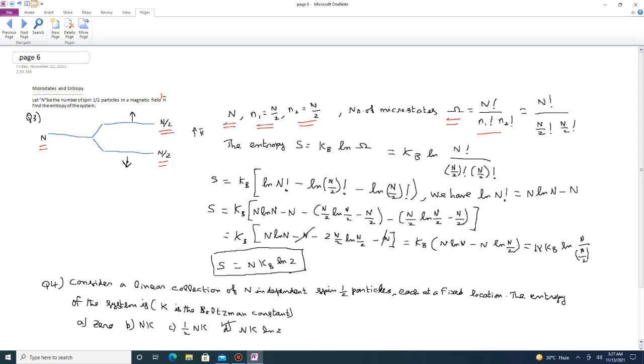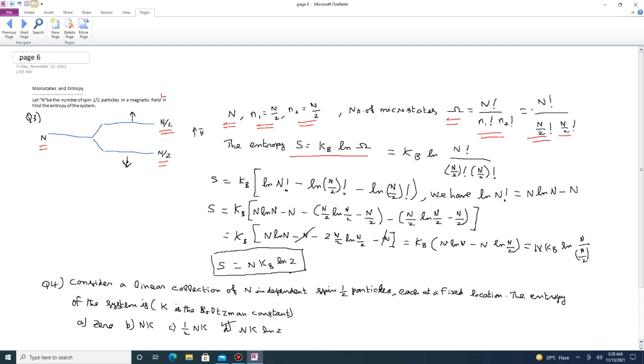This is the total number of microstates. Substituting N1 and N2 equal to N by 2, we get N factorial by N by 2 factorial into N by 2 factorial. Then the entropy is defined as Kb times the logarithm of the number of microstates, log omega.